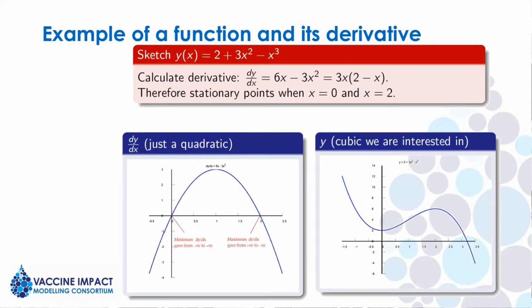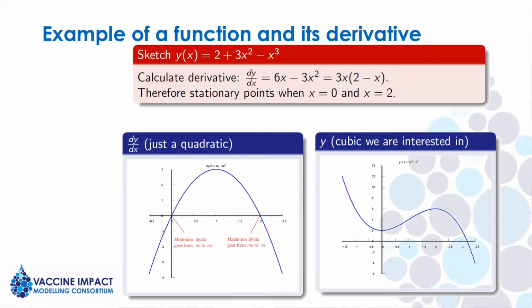It crosses the x-axis at 0 and 2. There's no constant, so it crosses the y-axis at 0 as well. And it's got a negative in front of the x squared, so we know it's an unhappy graph. So we've already got a good idea of what the derivative looks like.